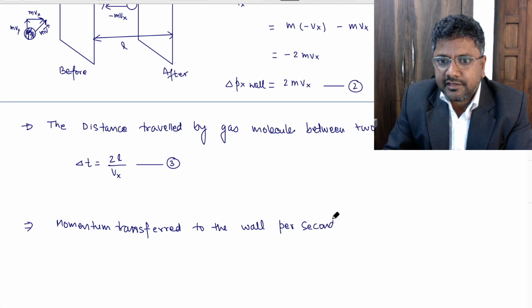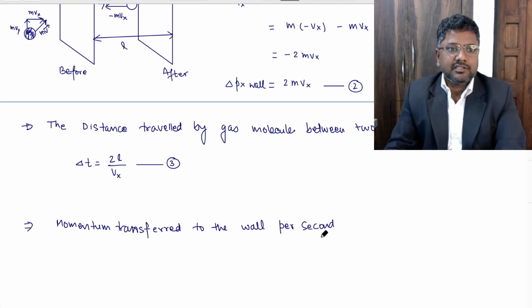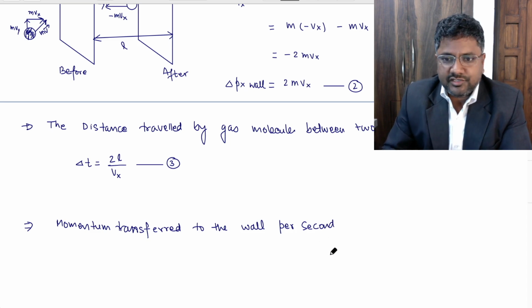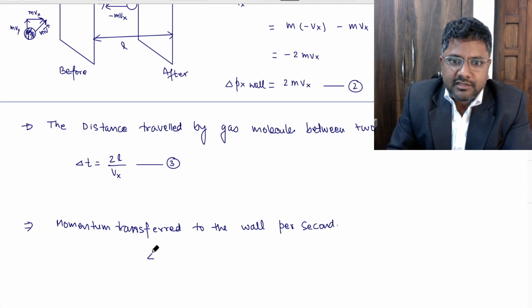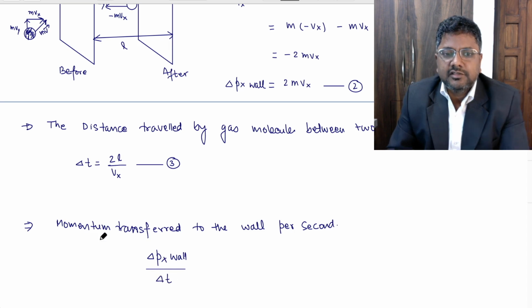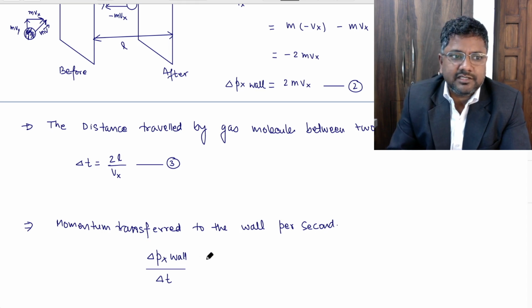The momentum transferred to the wall per second, right, is the momentum change per collision divided by the time: delta p x wall by delta t. So this is the momentum transfer to the wall per second. This is given by this equation.